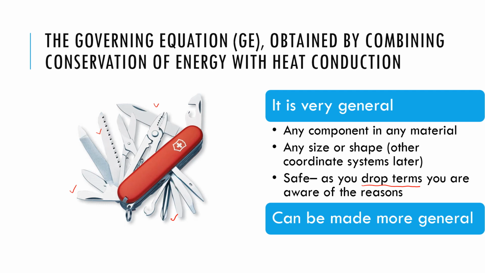Now, this equation can be made more general. We just derived a baby version, a 1D equation with constant properties, and we can make it a much more general version. For example, we can develop a general version that's in 3D, or for a shrinking system where the dimension keeps changing.